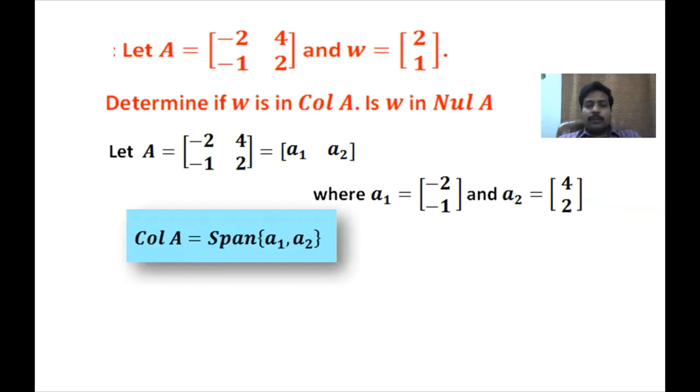We know that the column space of A is equal to the span of the column matrices of the given matrix. So here we have two column matrices, A1 and A2. So the column space of A is equal to the span of A1, A2.